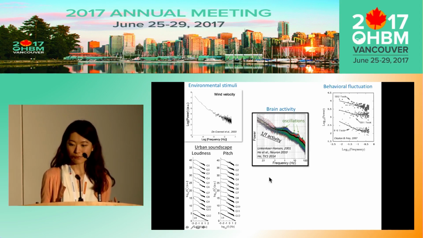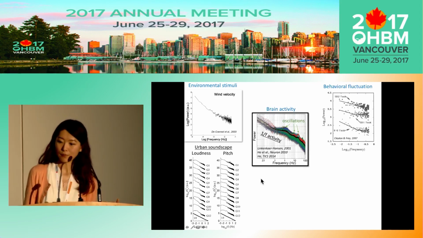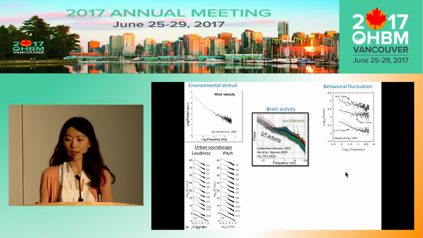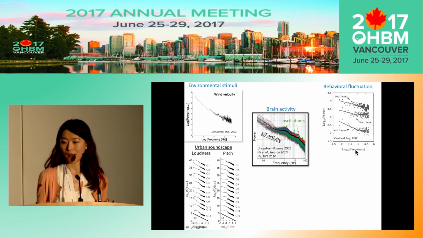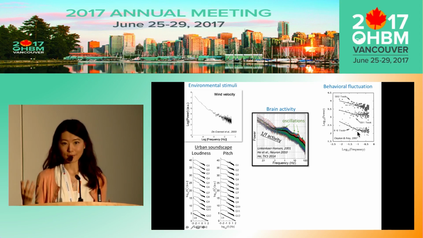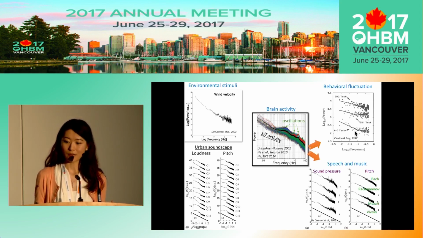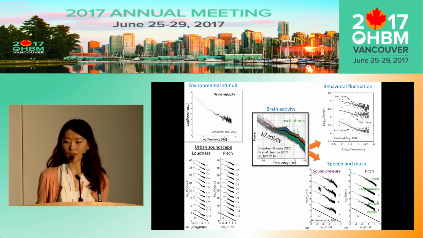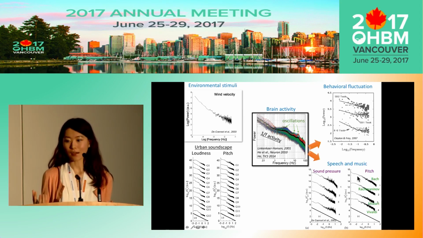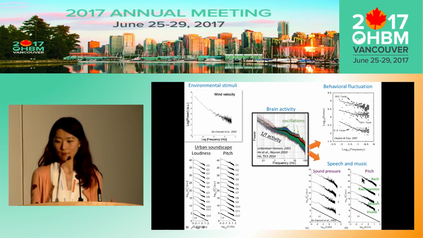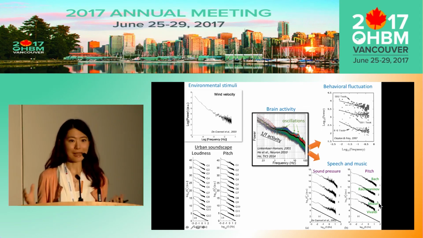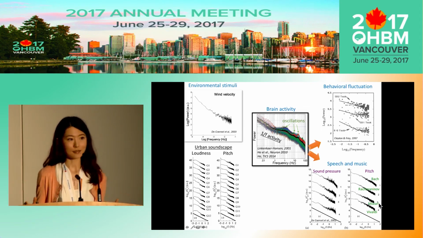I've mentioned that brain activity has prevalent 1/f activity, and it's been known for a couple decades that human behavior fluctuation often exhibits 1/f type of fluctuation as well. And it's very well established that speech and music in their loudness fluctuation and pitch fluctuation follows a 1/f spectrum. So it's possible that all of these are related somehow.